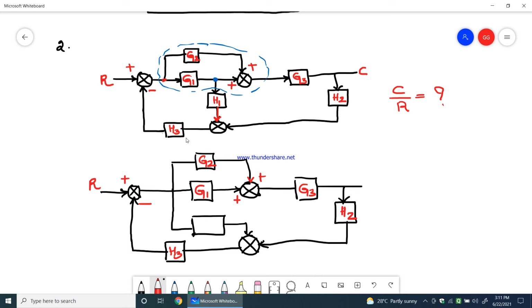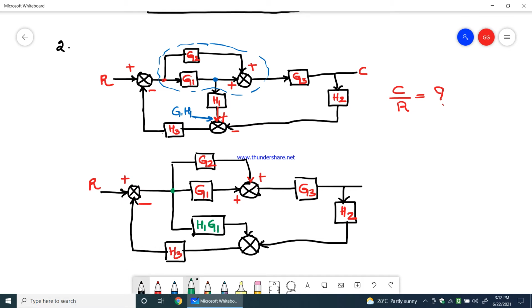So now, this is plus and minus, so the output at this particular point would be G1 H1, but I have pushed the takeaway point to this particular point. Now I have H1 here where G1 is not getting multiplied by H1 because I have the takeaway point at this particular position. Therefore I'll multiply H1 with G1.